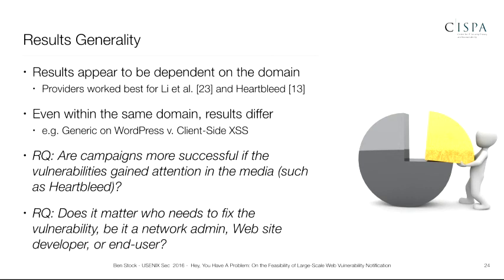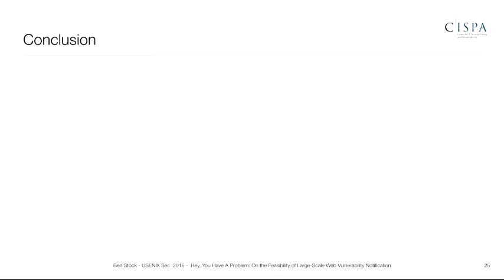But also, does it matter who needs to fix the vulnerability? In the case of Heartbleed or Drown, it's the network admin who's probably very technically savvy. In the case of client-side cross-site scripting, it's typically the website developer, so hopefully he is also quite savvy in JavaScript. Or is it the end user? In this case, for WordPress, you don't have to patch the vulnerability, but you just have to update your installation.